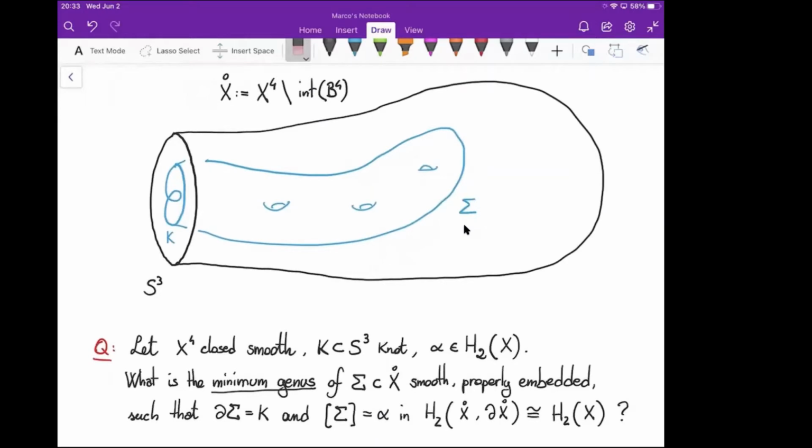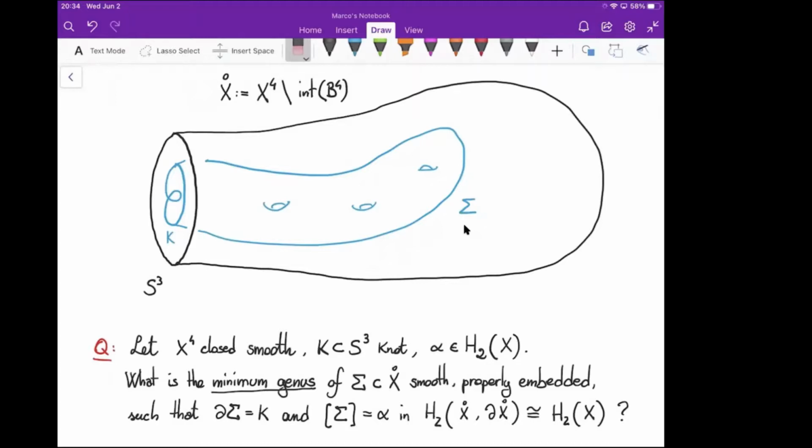So given a closed smooth four-manifold X and a knot in the boundary, and fixed some homology class alpha, the question is, what is the minimum genus of a surface sigma smoothly and properly embedded in X circle, such that the boundary of sigma is the knot K, and sigma lives in the homology class that we fixed at the beginning.